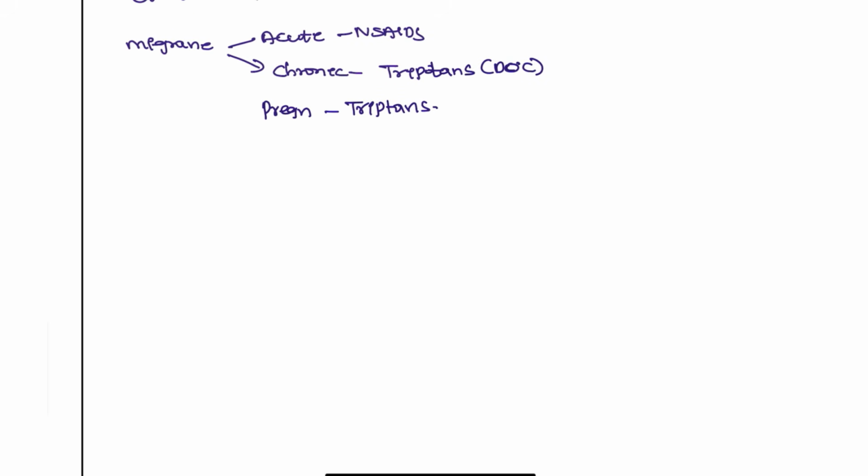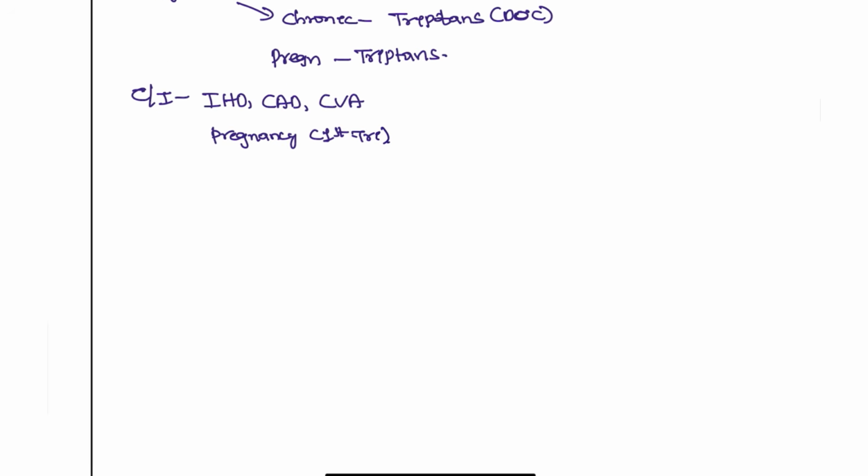Sometimes triptans are contraindicated in specific situations, for example ischemic heart disease, cardiovascular disease, and cerebrovascular accidents. Also in pregnancy in the first trimester, especially during organogenesis, we prefer not to give triptans.